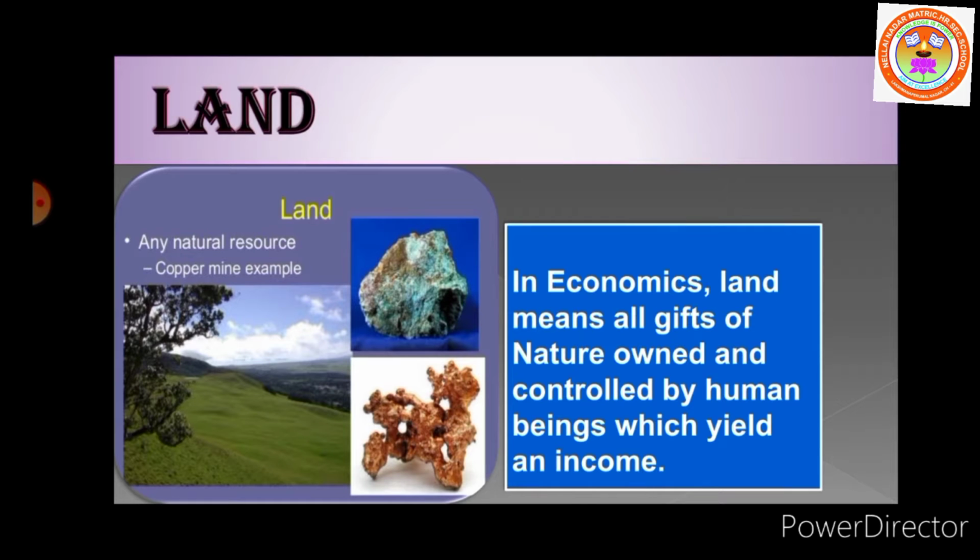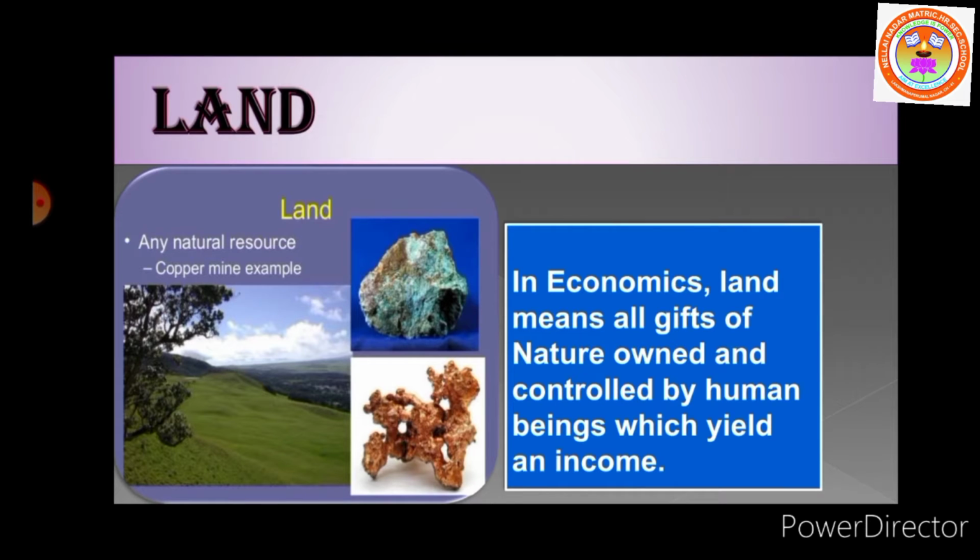In the ordinary sense, land refers to the soil or the surface of the earth. But in economics, land means all gifts of nature owned and controlled by human beings, which yield an income. Land is the original source of all material wealth. The term land in economics is often used in a wider sense.